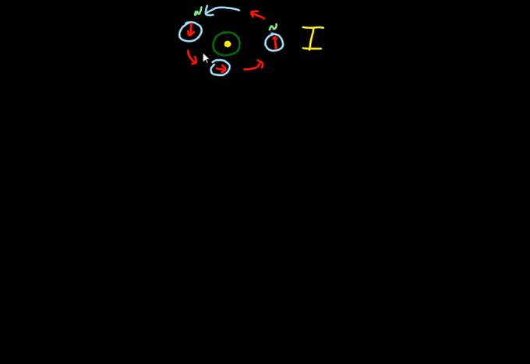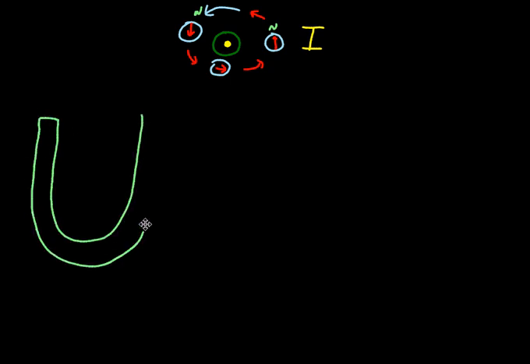Okay? Now let's talk about something else. Let's imagine that we create a magnetic field. One way to do that is to take a horseshoe magnet, and that will, sort of like the parallel plates we talked about in electricity, build a more or less uniform magnetic field across here.